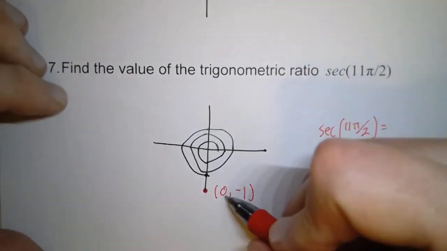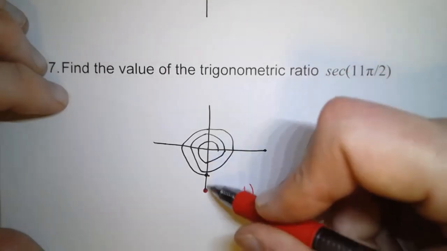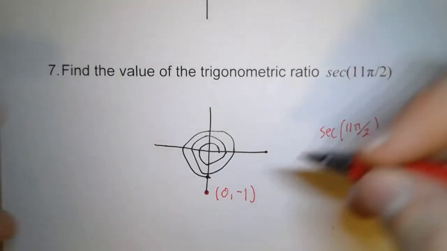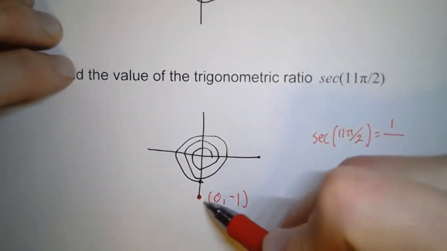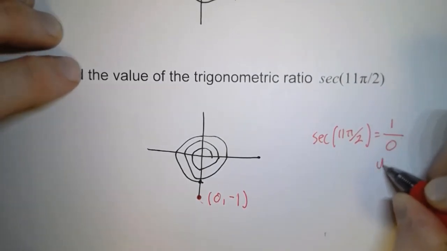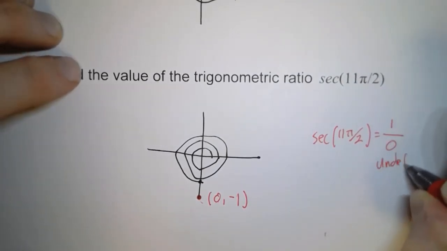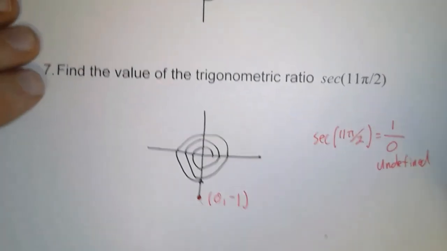So we would take the x value, 0, and divide by the distance, which is 1 unit away from the origin. But it's the reciprocal, so we're going to take the distance, put that on top. And so this point is 1 unit away from the origin, and we divide by 0. And so this point is undefined because we're dividing by 0.